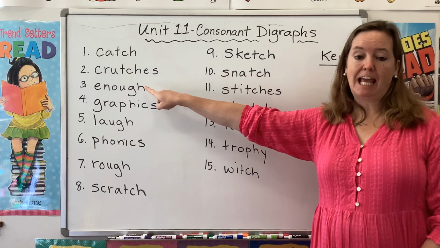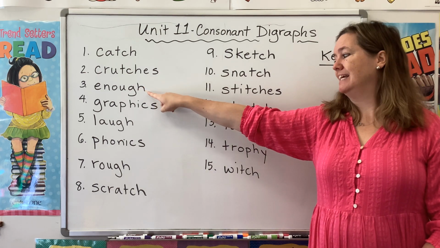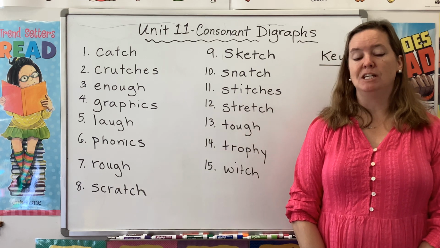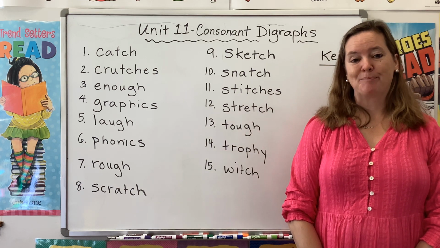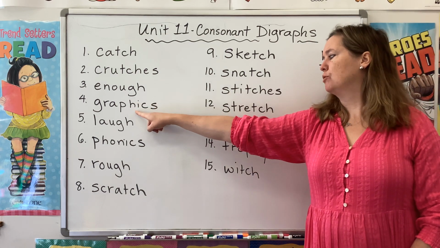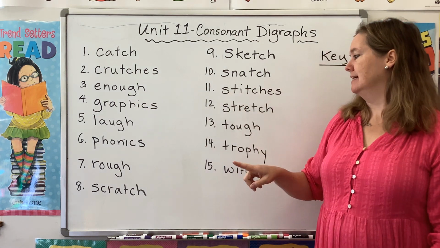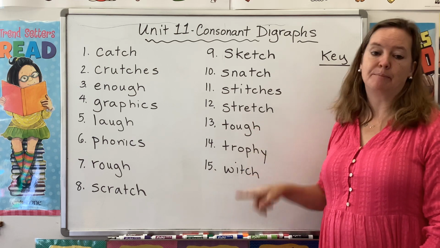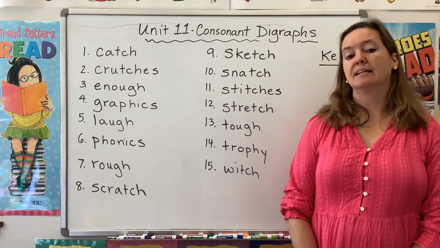The GH pattern in words like enough and rough. Notice in these words, GH says f. And then the PH pattern in words like graphics and, where else did I see it? Trophy. The PH says f.